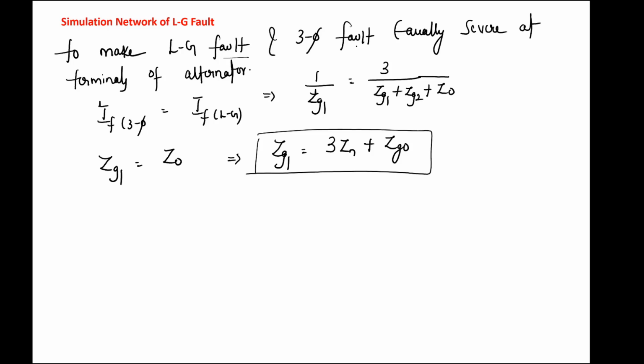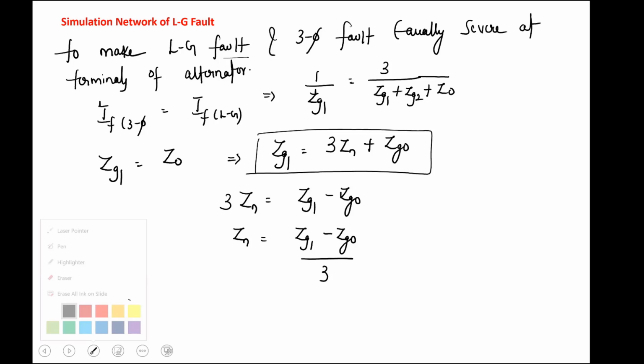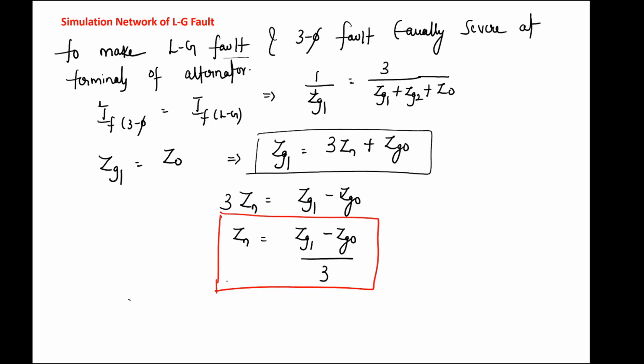So the equivalent Zn we require is 3 Zn equal to ZG1 minus ZG0, so Zn equals ZG1 minus ZG0 divided by 3. A minimum neutral grounding impedance is required, whose value is given by ZG1 minus ZG0 divided by 3.